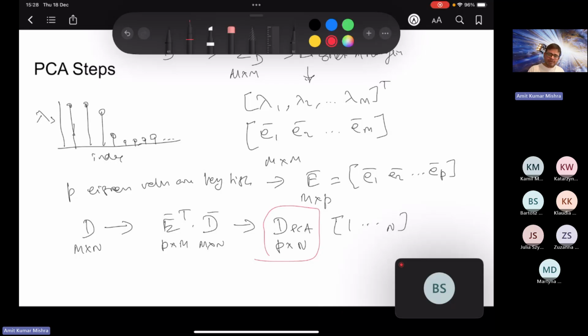Now, if you reduce the dimension to 3 or 2, then every data point becomes a value with 3 numbers only. You can plot them as coordinates and you can visualize them. So another benefit of PCA is that you can use PCA to visualize them, because once the data dimension is 3 or less, you can plot it.